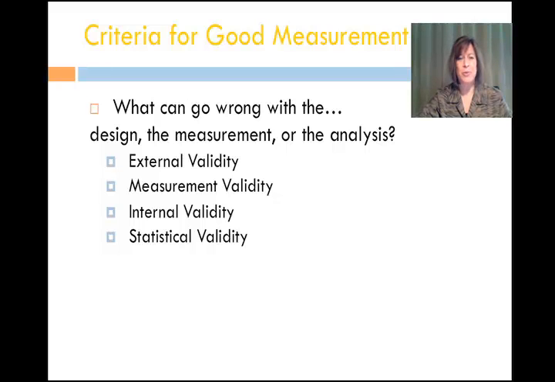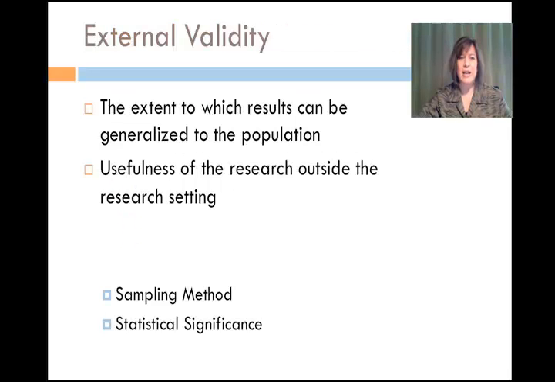One is external validity. External validity is related to the sampling method. And we'll talk more about that in Module 8 when we talk about sampling. But essentially, external validity is to what extent we can infer the results to the population. It is generalizability of the results from the sample to the population.